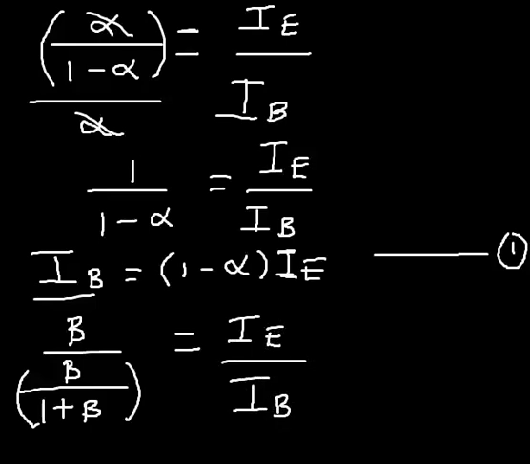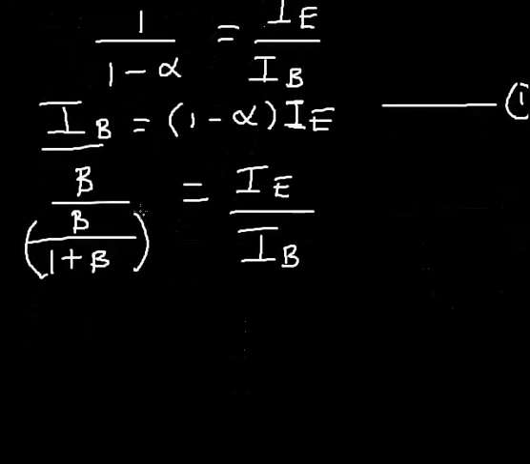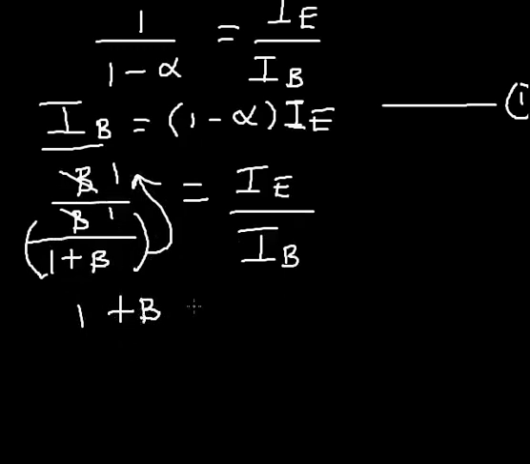So you know very well that this will cancel, and I have 1 over 1. It's going to be a reciprocal, so it will invert. 1 plus beta will come up. Beta I've already cancelled, so I'm left with 1 plus beta, equal to IE over IB.